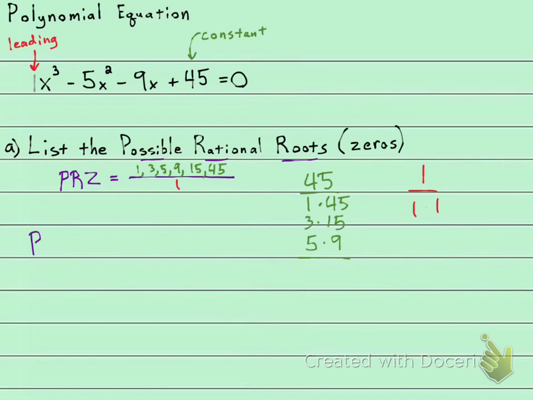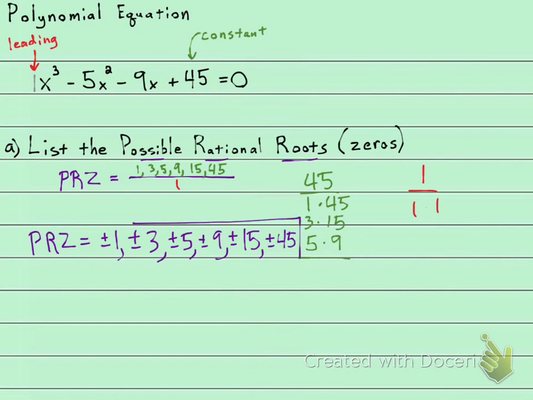The possible rational zeros are going to be plus or minus 1, plus and minus 3, plus and minus 5, plus and minus 9, plus and minus 15, and plus and minus 45. Okay, so you have a positive possible and a negative possible. That gives us, let's see, 1, 2, 3, 4, 5, 6. That gives us 12 possible rational roots.